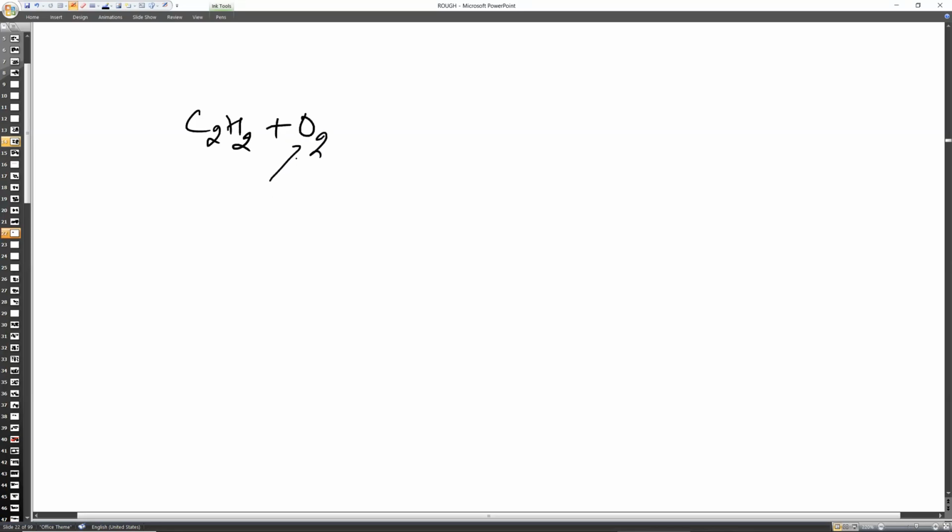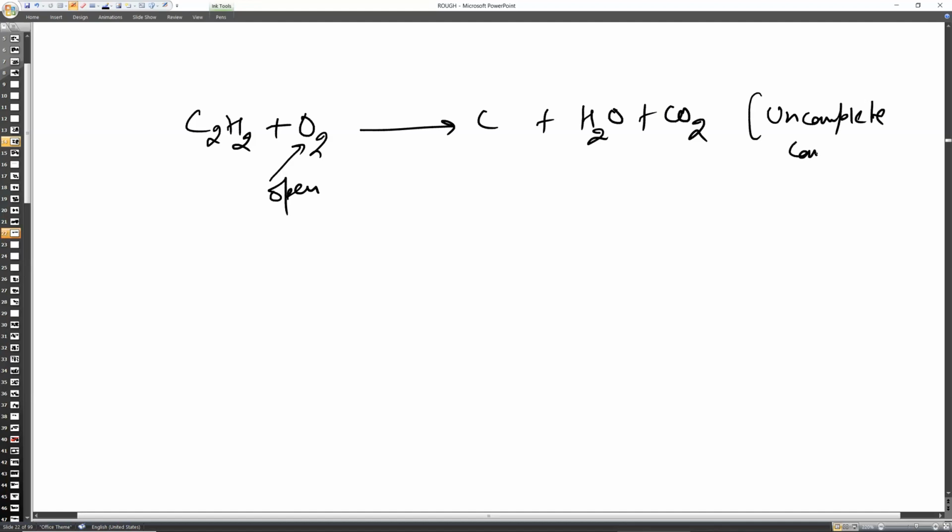So if it burns in open air, it burns with sooty flame, providing you carbon dioxide and water, with incomplete combustion taking place. Incomplete combustion means the amount of heat that is required will not be provided. So we'll say incomplete combustion is taking place because of the unburned carbon particles.